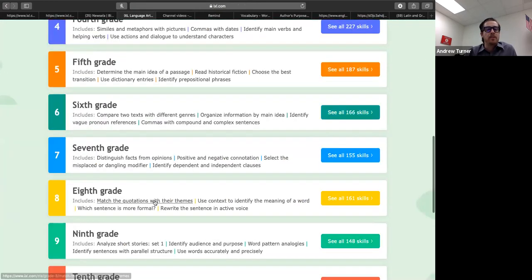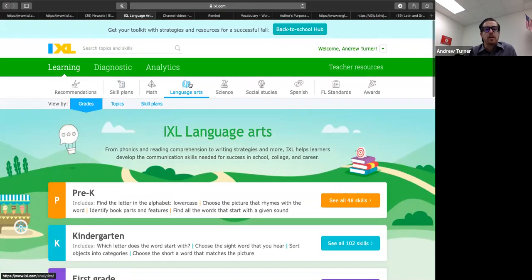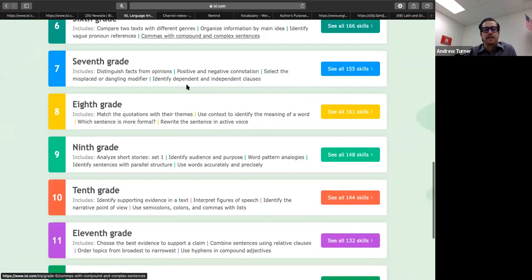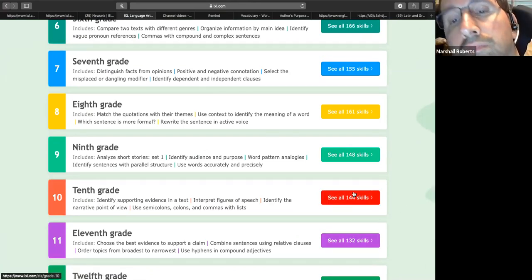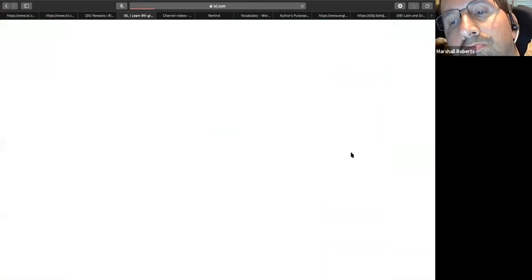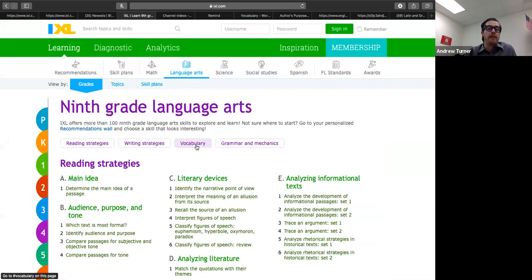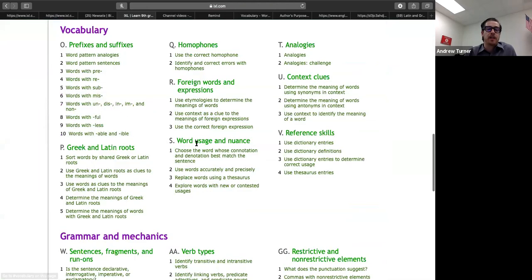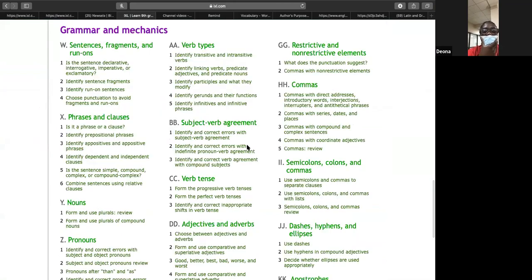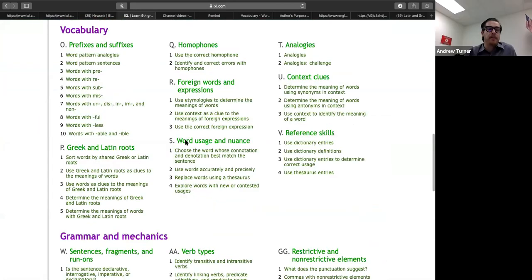we are going to move up to language arts, 9th grade. You can see this, right? Yeah. Good. Going to go to vocabulary, click down. So again, you hit grammar, it goes all the way down. You hit vocabulary, goes to there. We looked at prefixes, suffixes.